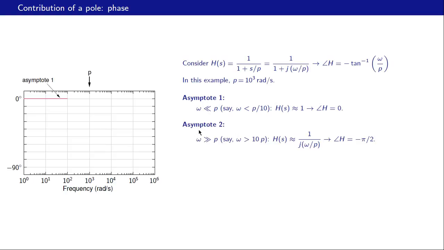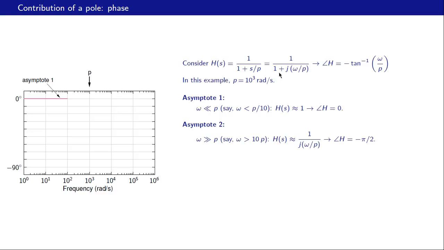Let us look at the second asymptote now, which corresponds to omega much larger than p, say omega greater than 10 times p. This is our p, 10 times p is here, so we are talking about this region here. Now what happens if omega is much greater than p?